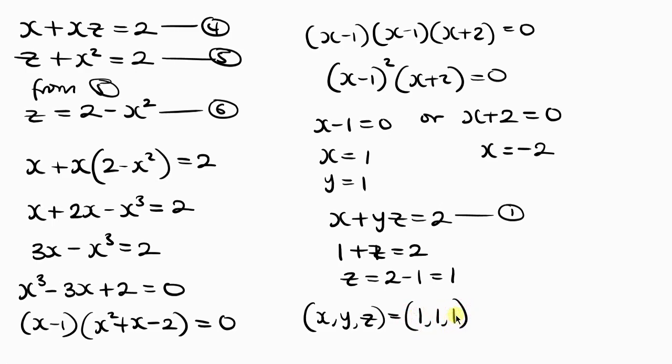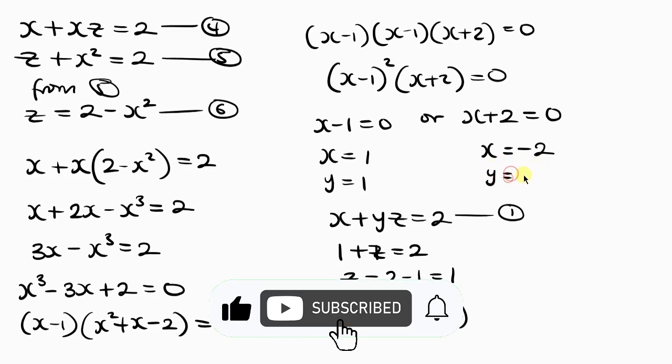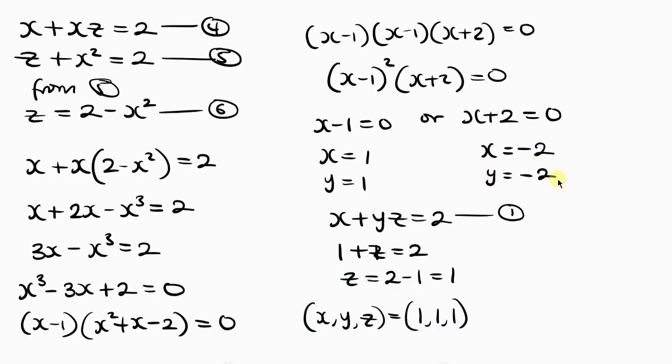That's it. So now we're going to be trying for when x is equal to negative 2. And also remember that when x is equal to negative 2, y is also equal to negative 2. So let's substitute this into the same equation 1. So x is negative 2. So let's put negative 2 there. Plus y. Y is also negative 2 times z equal to 2. So this expression results to negative 2z to be equal to 2.